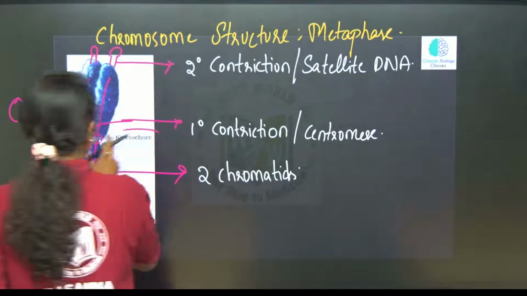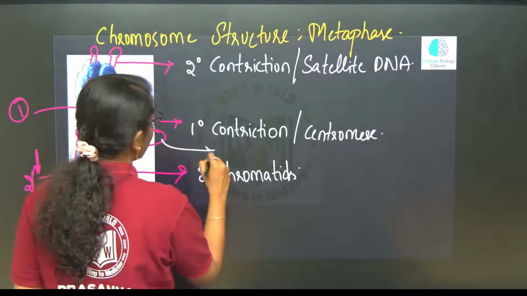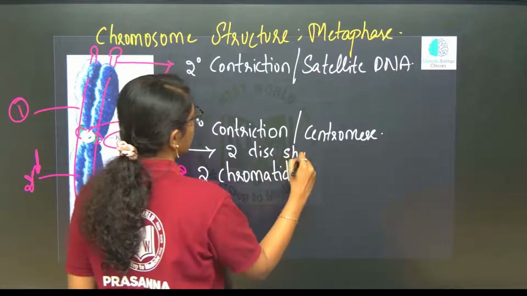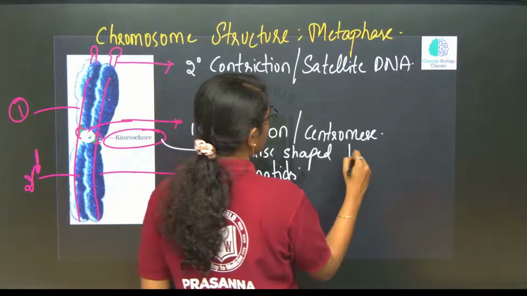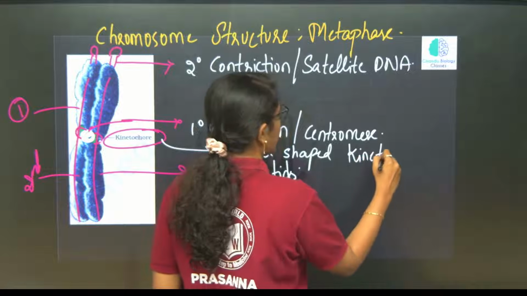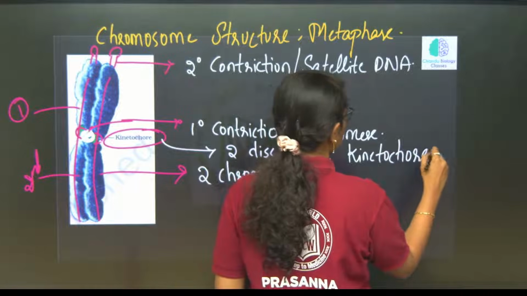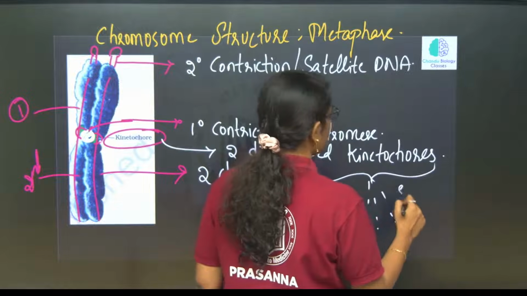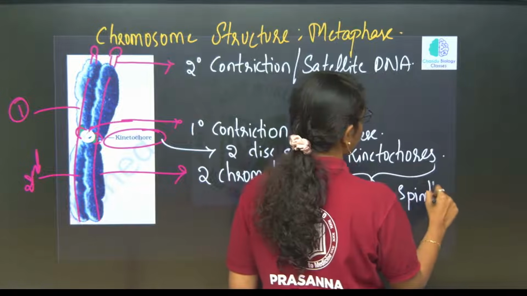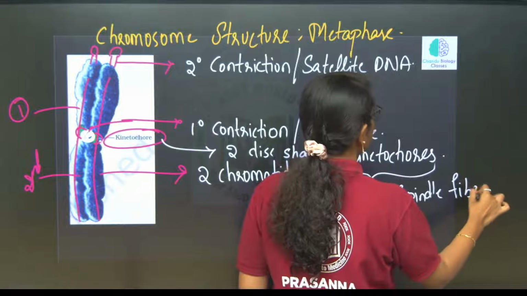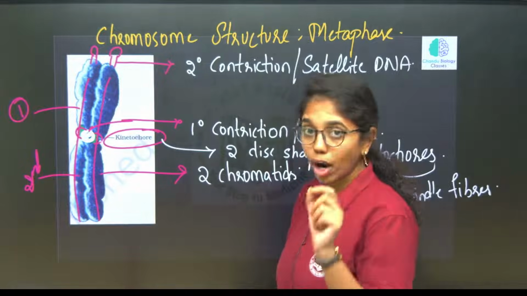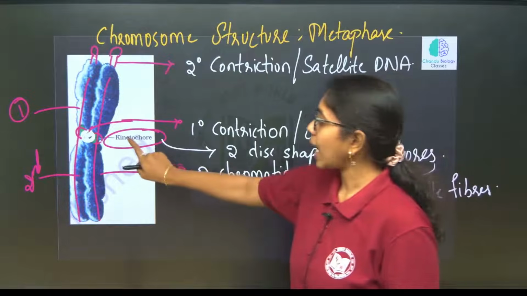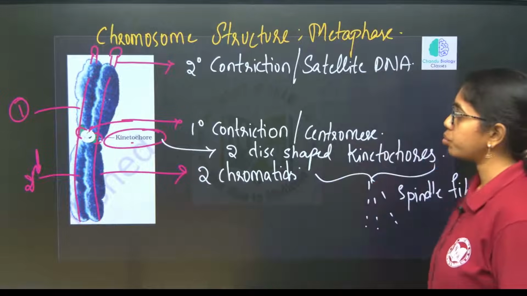At each primary constriction, how many kinetochores are present? Two disc shaped kinetochores, to which the spindle fibers will be attached. If the question is to which part of the chromosome spindle fibers attach, your answer should be the kinetochore.